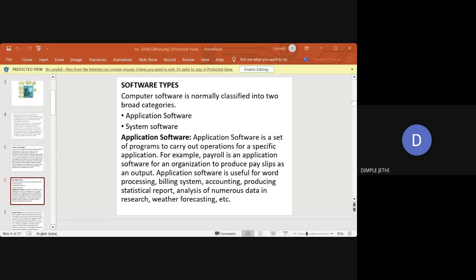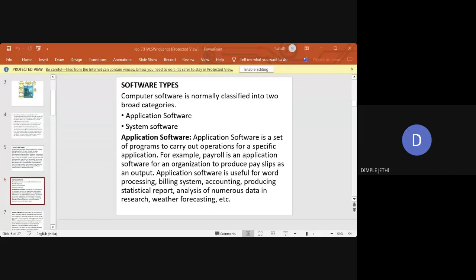It's like they've said already: it's a program that's set up to carry out a specific task rather than the normal computer operation.